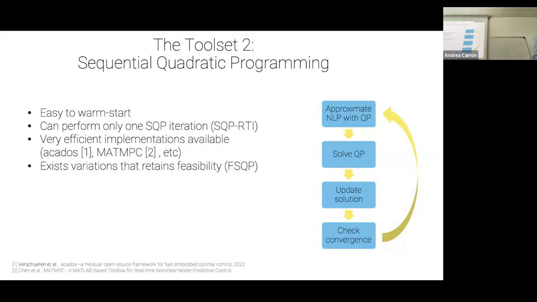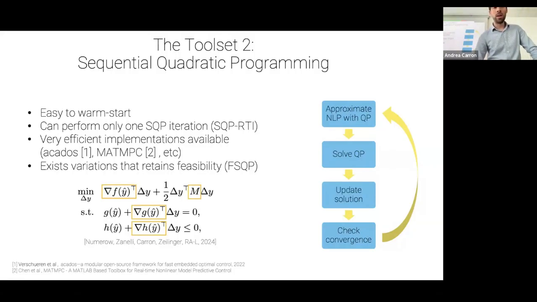For example, if you perform RTI, you lose feasibility, meaning that you potentially don't satisfy constraints, which is what you want to do with MPC. And so recently we developed this approach called feasible SQP, where basically you perform this loop multiple times until convergence, but you fix all the first and second order terms until convergence.